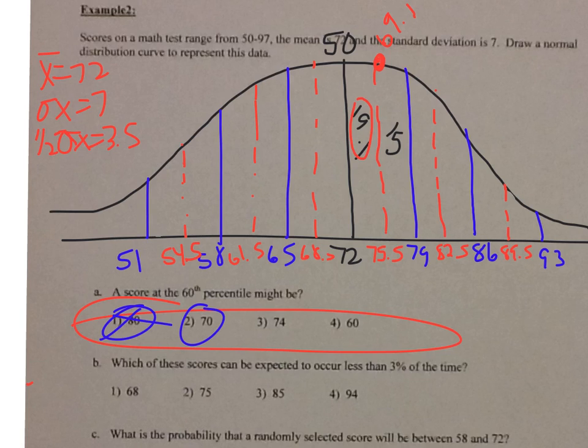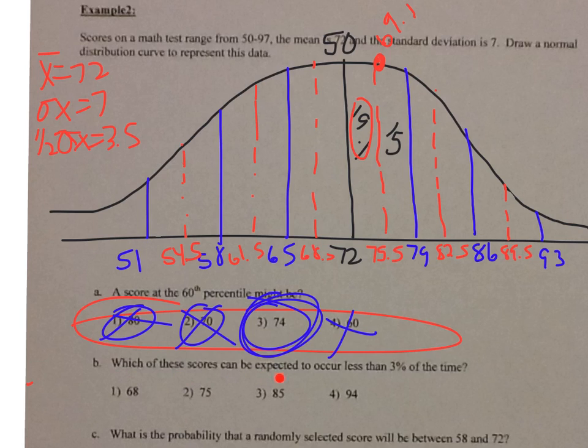Well, 70 is over here. That's below the 60th. So that's actually below 50. Let's look at 74. So 74 is in between 72 and 75. So that's between 50 and 69. So possibly, let's just take a look at the last one, 60. Well, 60 would be over here. That's way below 50. So it can't be 60. So it has to be 74.